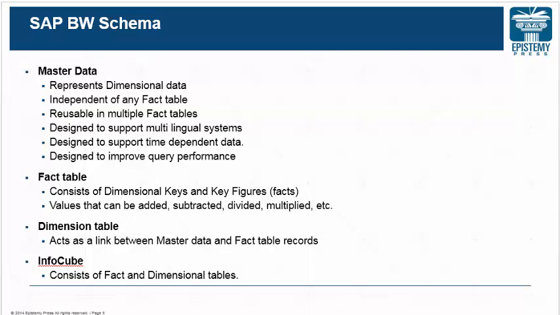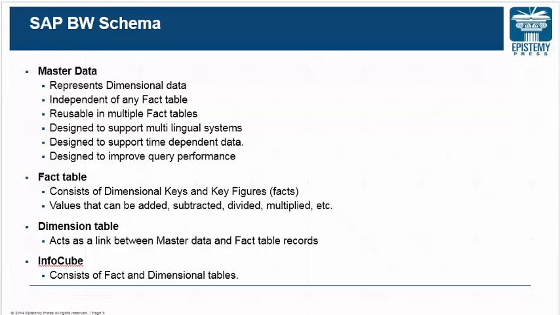But then in a dimensional table, you have customer information along with all the invoices, for example, that a customer has placed. So it's a combination of master data and relational data.